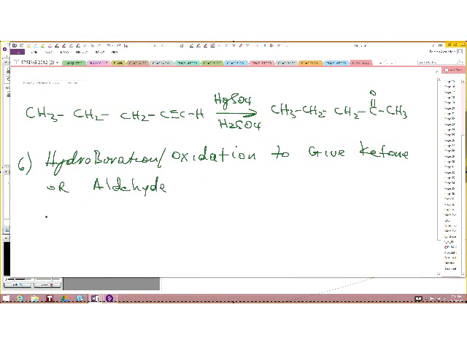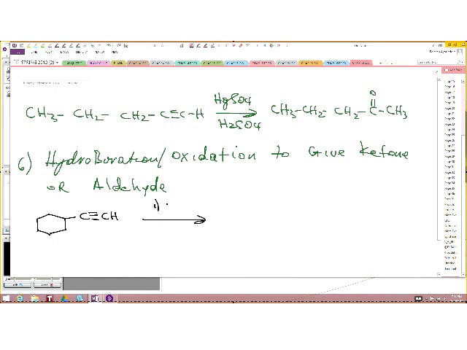Now, if we have a terminal alkyne like this case, we get an aldehyde.